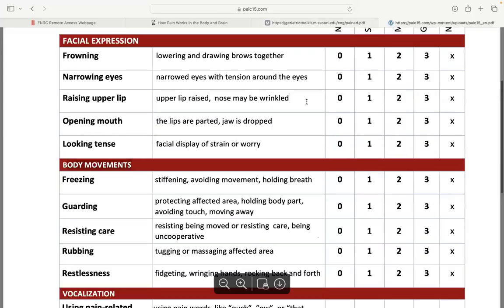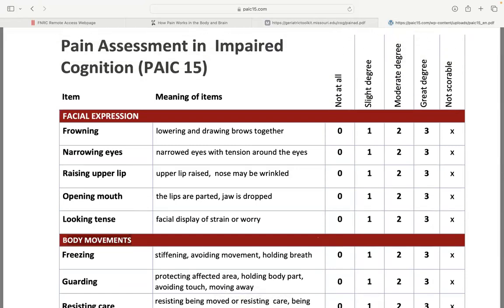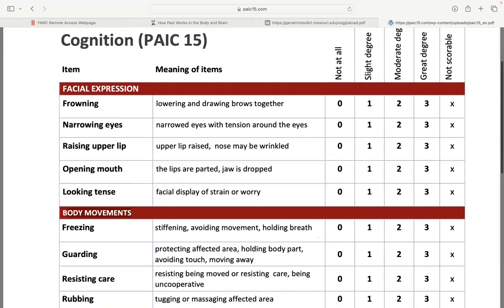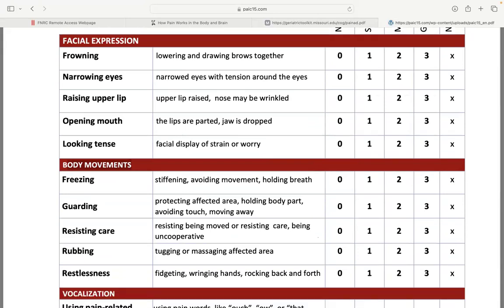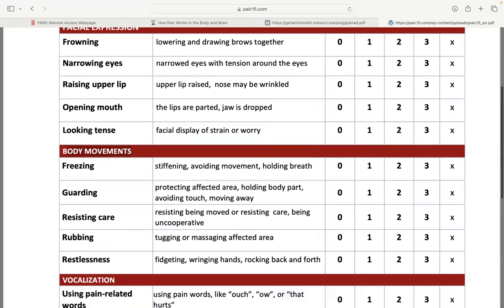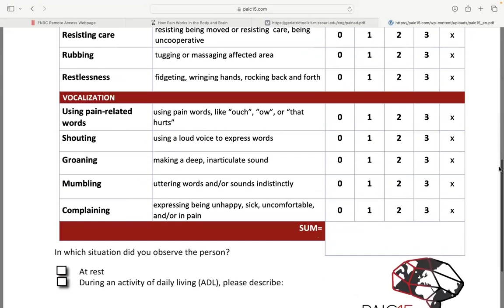There's another tool here. This one's a little bit more comprehensive. Pain assessment and impaired cognition. It's looking at facial expressions, body movements. Are they guarding? Are they rubbing? Is there some restlessness? Vocalization.